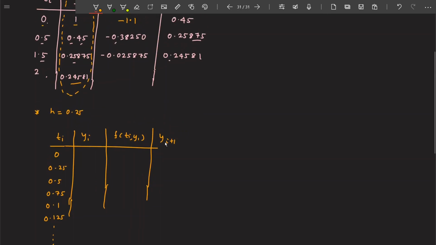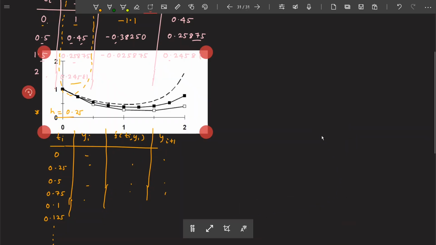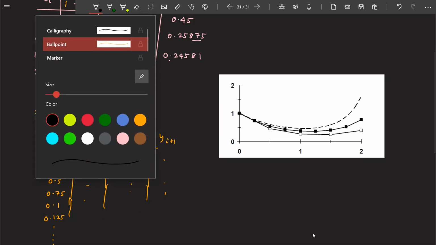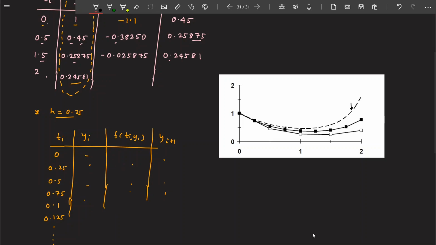I think you can easily find out these values, and if you see, the graph that you'll be getting is going to be this. So this is your analytical solution.